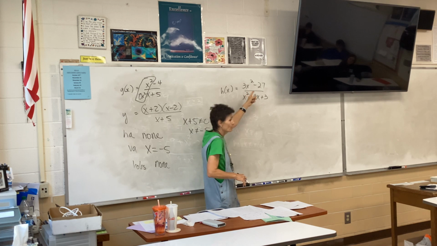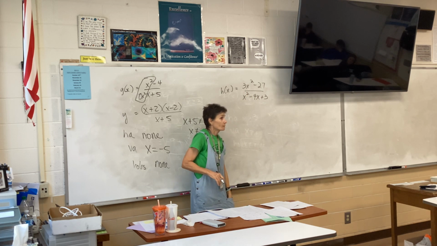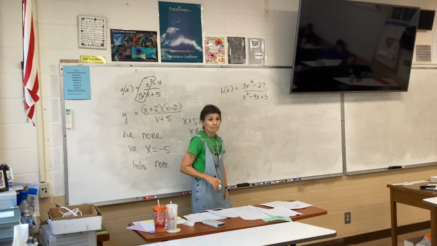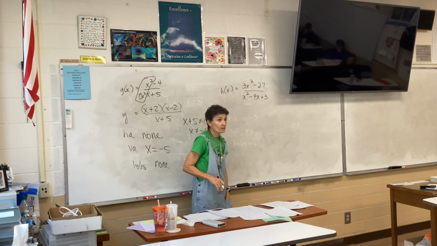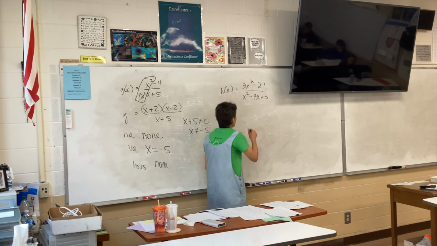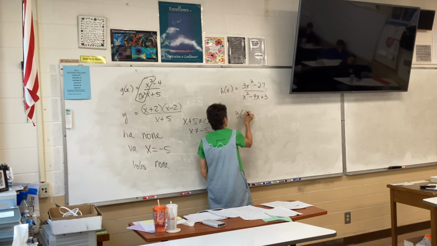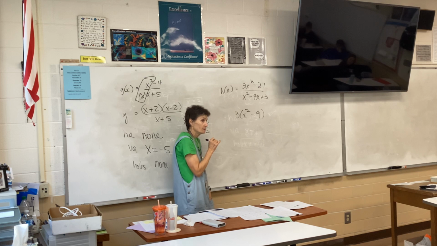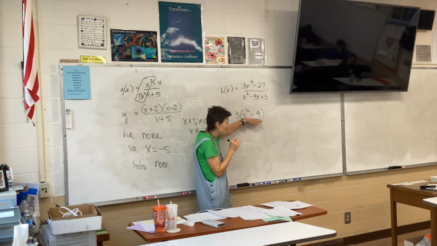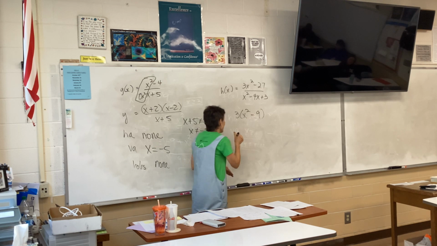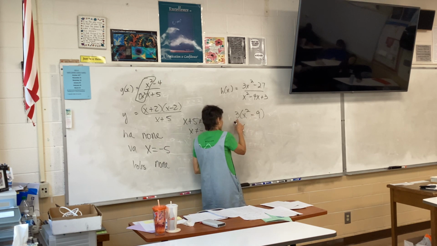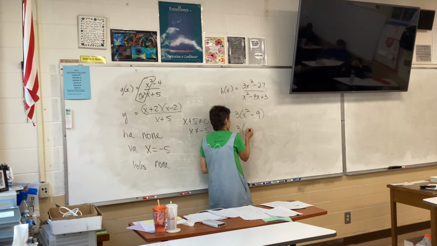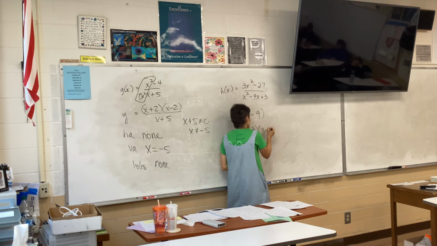But what do you notice about that numerator? You can take out a 3. And if we take out a 3, look what we have left. Now, do we have the difference of squares? So my numerator has the 3 I took out, and then it has x plus 3, x minus 3.